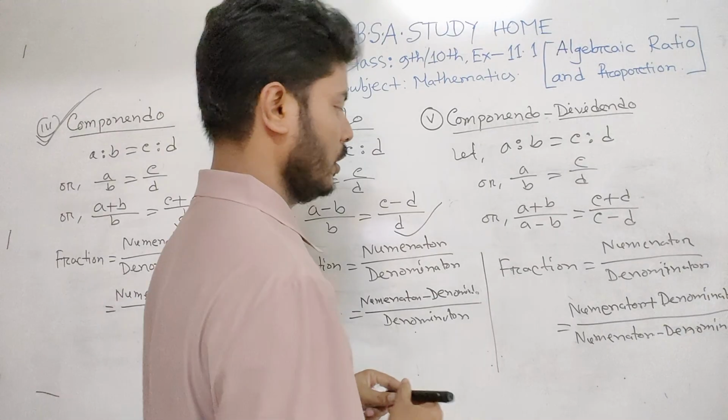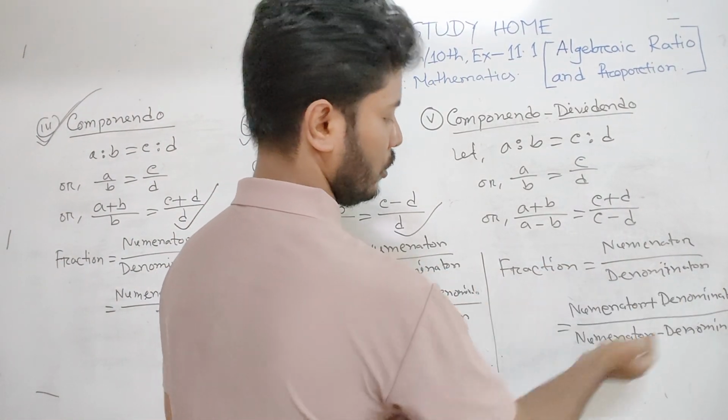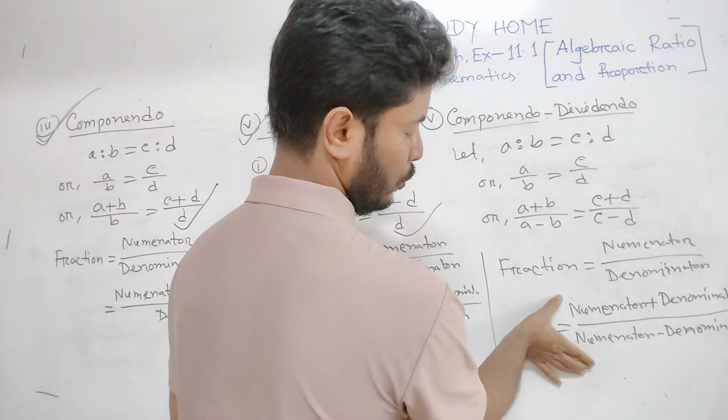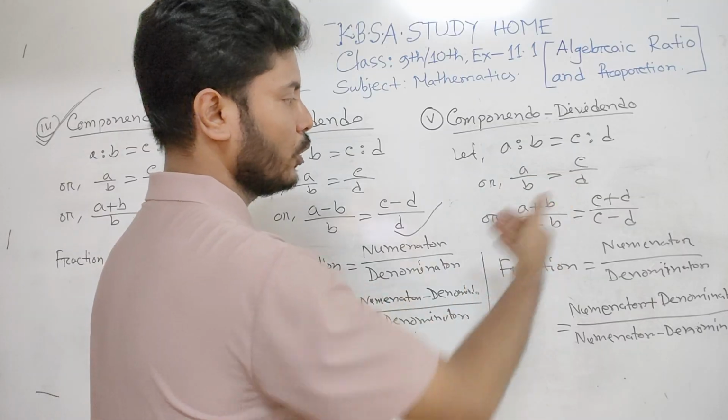If you write numerator by denominator, numerator plus denominator, numerator minus denominator, in this format, it's called componendo and dividendo both.